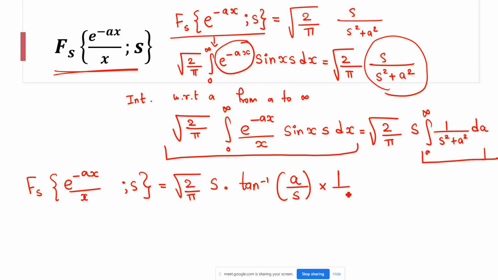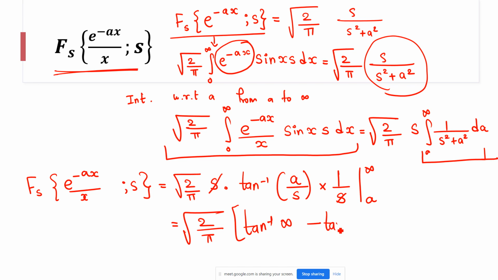So this s got cancelled. What we get is this, but we have to substitute a to infinity. So at the last I was writing this is nothing but tan inverse of infinity minus tan inverse of a by s. Now tan inverse of infinity is nothing but pi minus tan inverse of a by s.